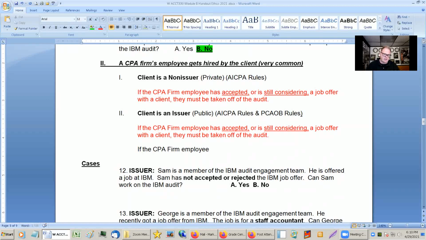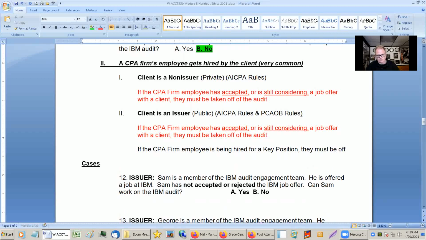If the CPA firm employee is being hired for a key position, he must be off of the audit for an entire audit cycle.